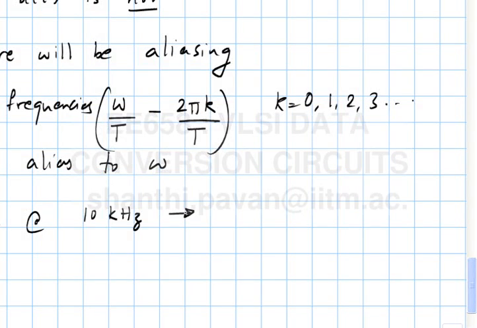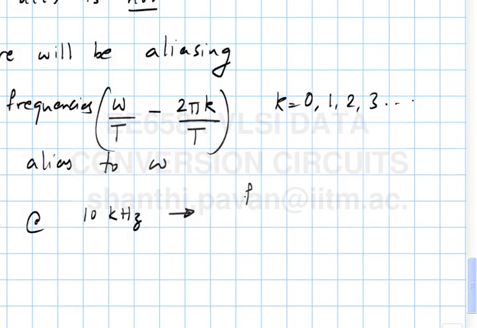A sine wave at 1 kilohertz is sampled at 10 kilohertz to get a discrete time sequence. It's also a discrete time sinusoid. What do you think the frequency of the discrete time sinusoid will be? 2 pi by 10. Why?